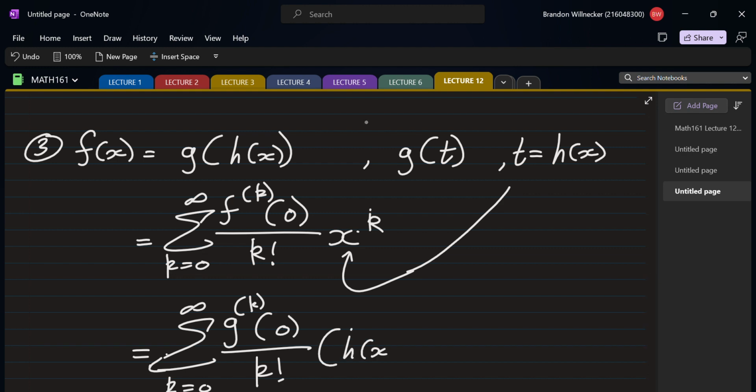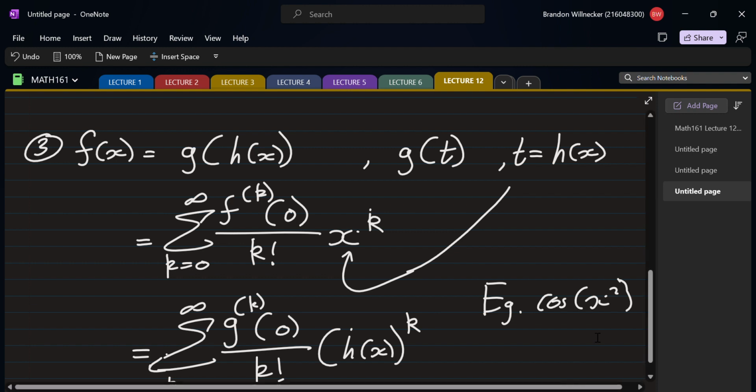So it will be h of x to the k. This might look a bit complicated, but just think of that example that we did with the cos of x squared. You find the Taylor series for cos, and once you've done that, you then substitute your x squared.